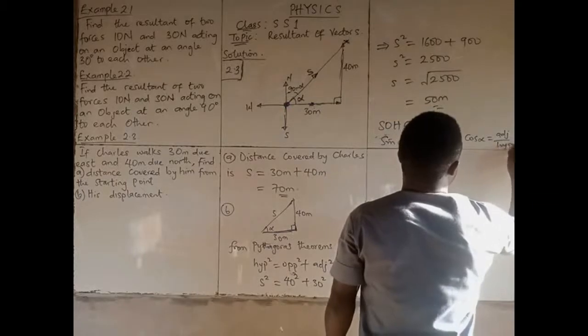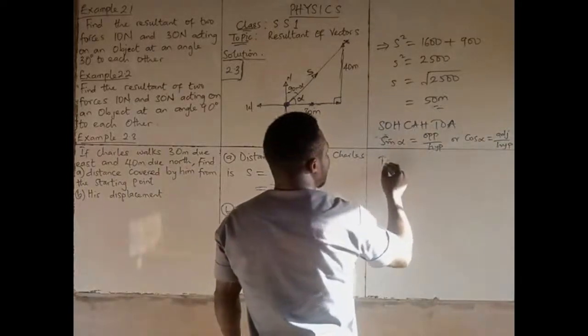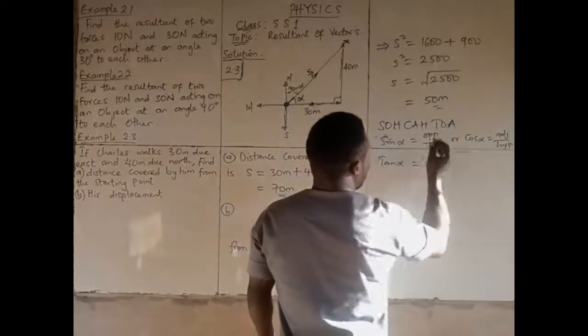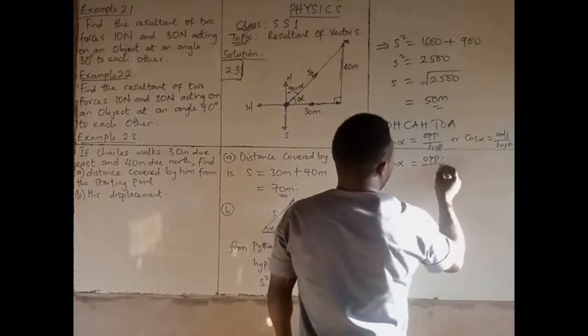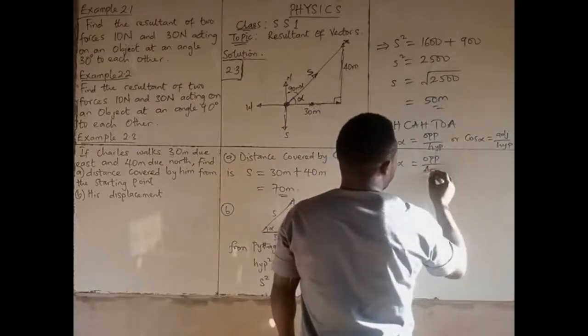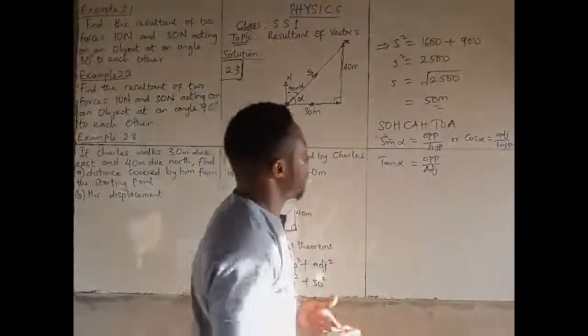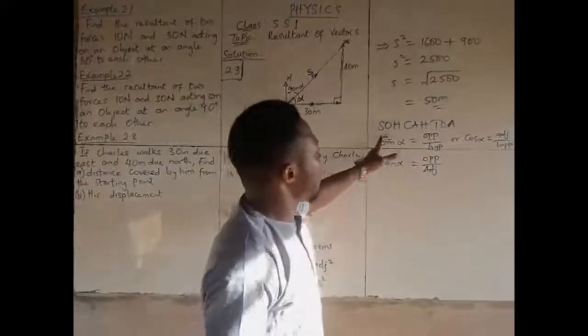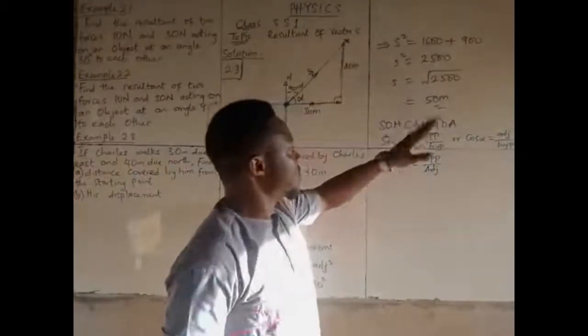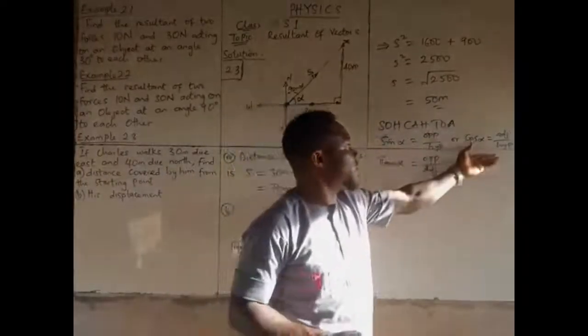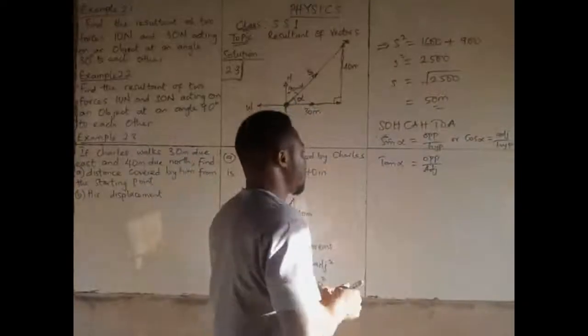And tan alpha is equal to opposite over adjacent. You can see all those we have, so I can choose any of them to use. If you like, you choose your sine; if you like, choose your cos. I choose my tan. Let's use our tan.